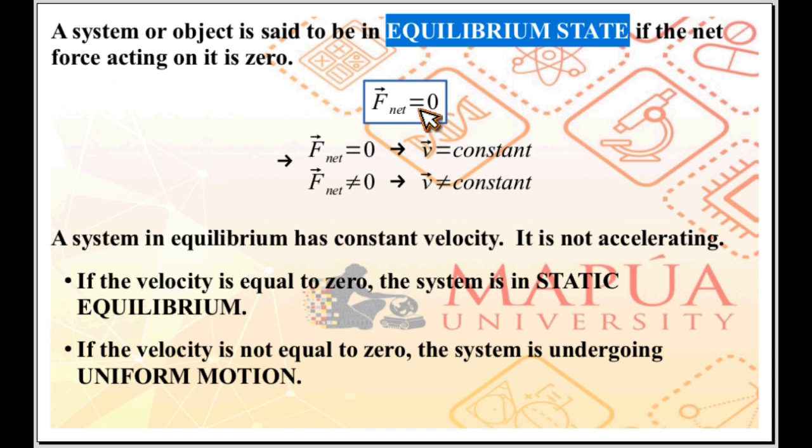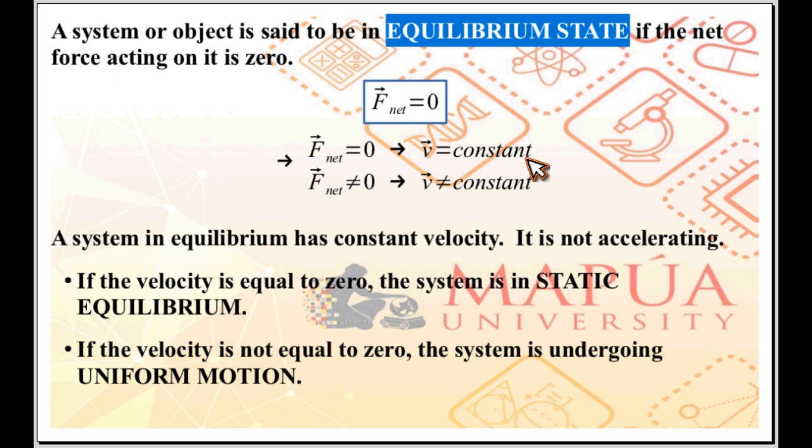F net is equal to 0. This is the first condition of equilibrium. And you will recall F net is equal to ma, second law of motion.